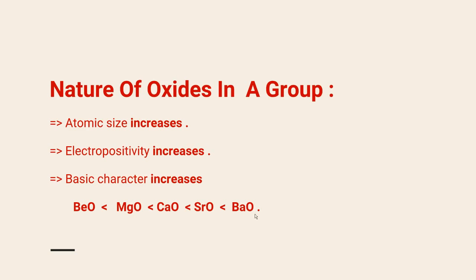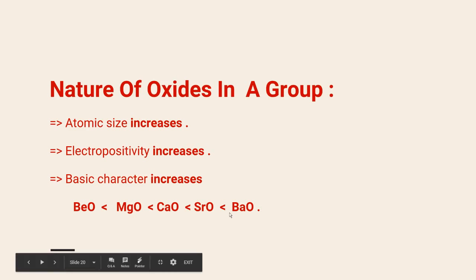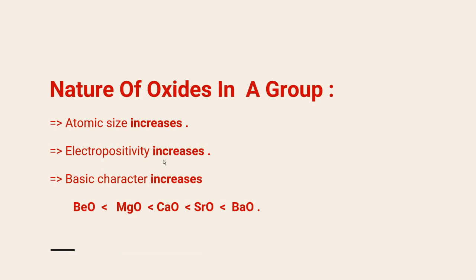Barium oxide has the highest basic character because the basic character increases as we go down the group, as the atomic size increases, the electropositivity increases, and the ability to give electrons increases.